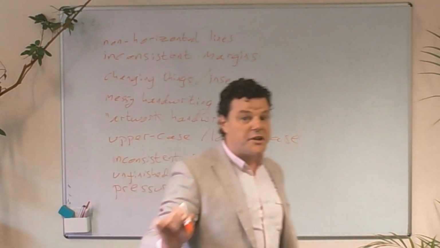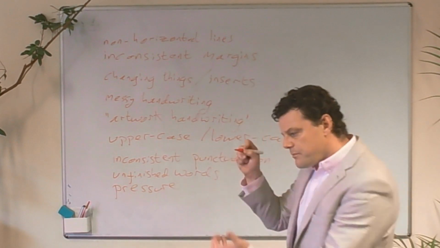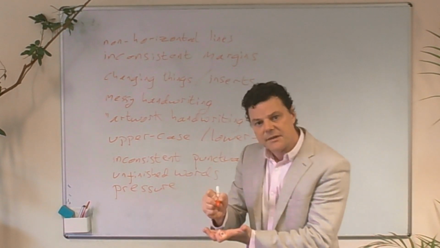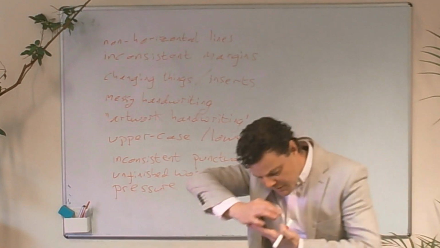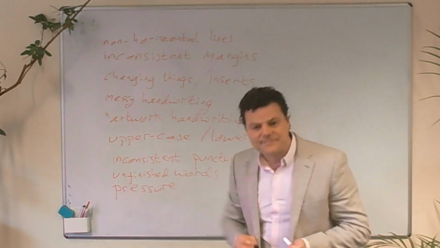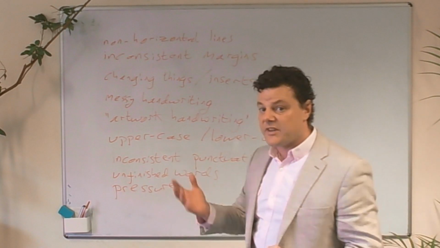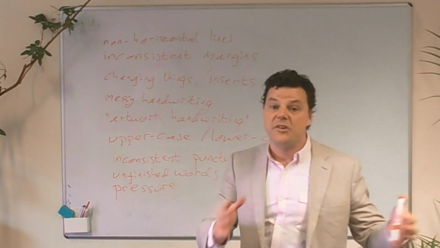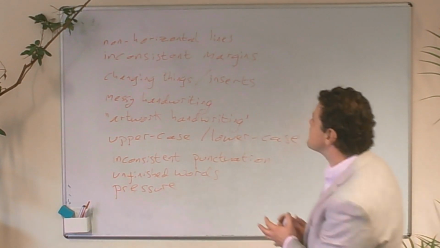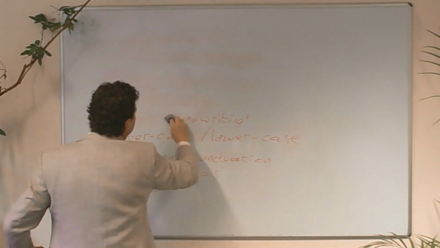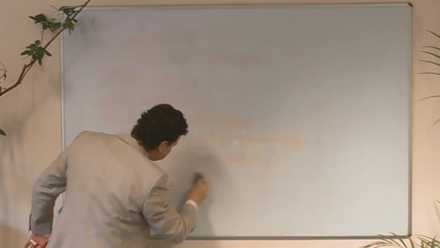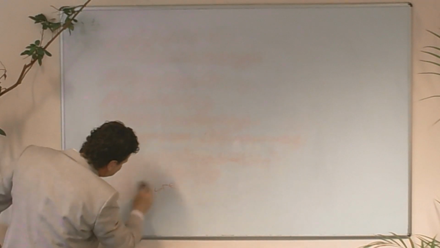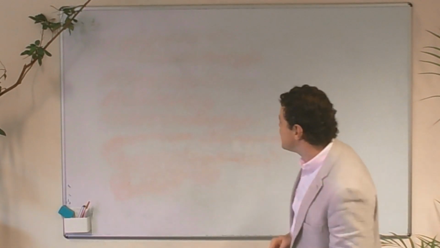Pressure, physical pressure in writing. People often really put a lot of pressure on the page when they're writing. Also, the way that they write, like this. And you can see pencil grip is often inconsistent, or pencil grip is perhaps not efficient. Change colours, I think.